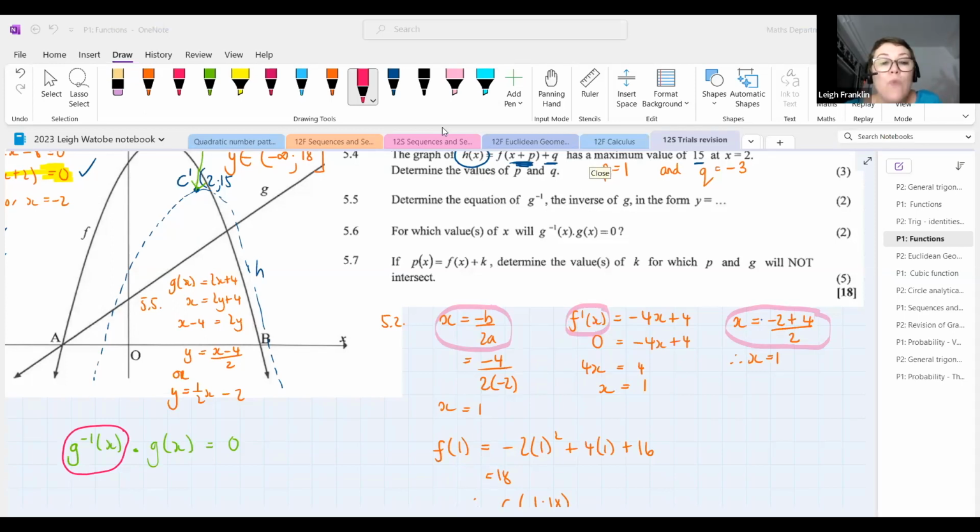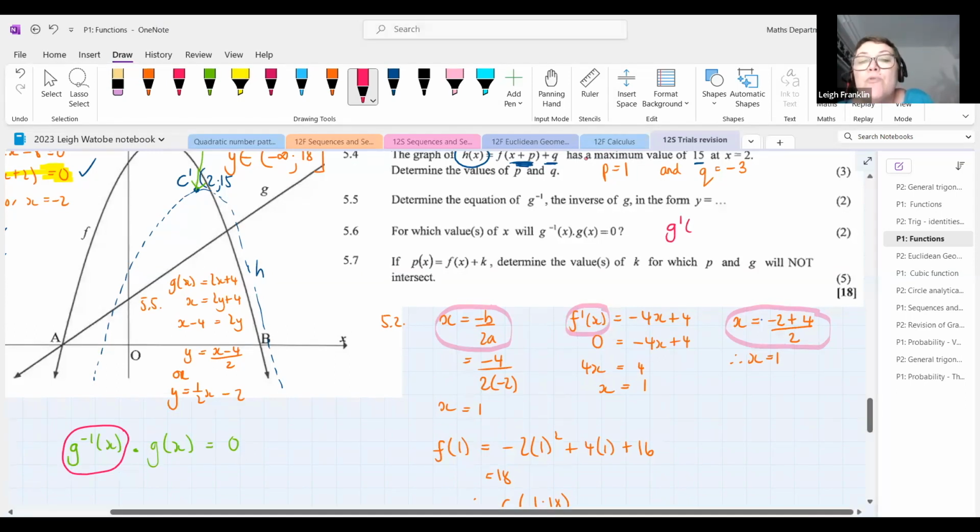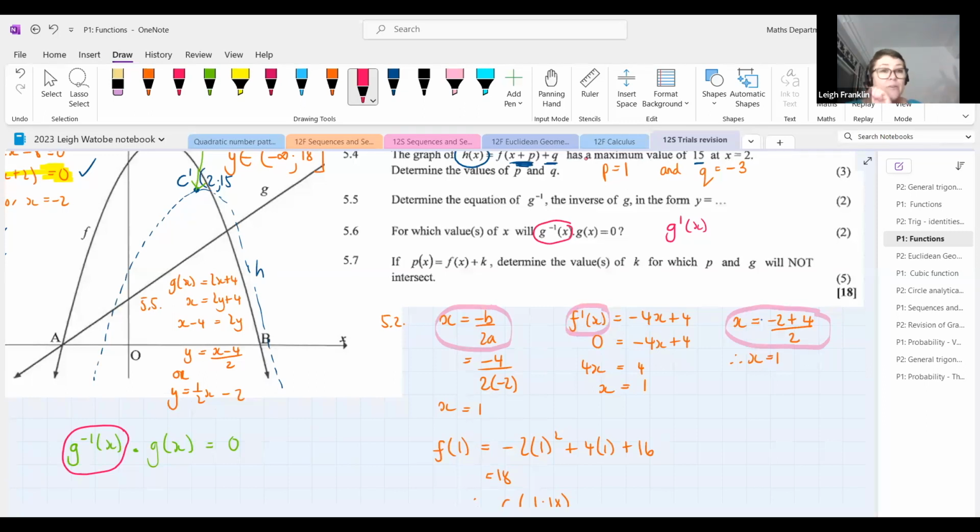Okay, so it's not gradient. When they want gradient, they're going to use the derivative, right? So if they wrote g prime of x, then that would be gradient. But here, g to the minus 1 of x, this notation that they've given us on the left-hand side, is for the inverse.